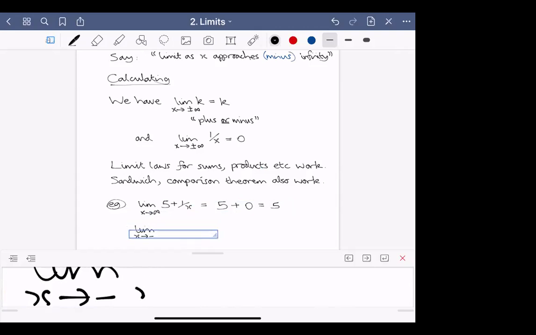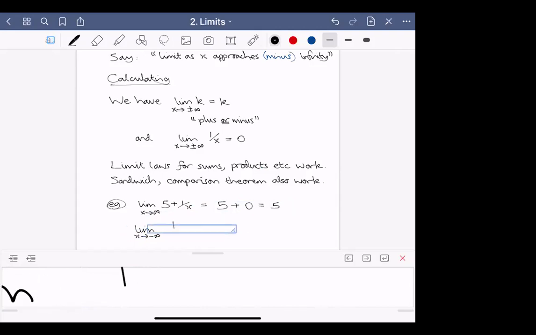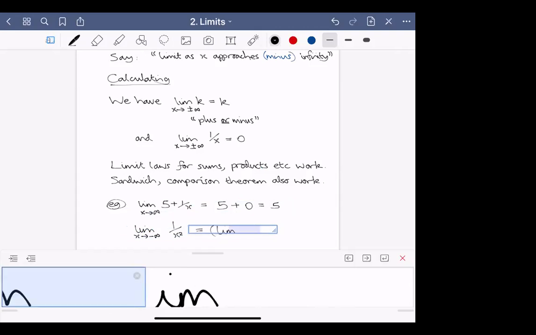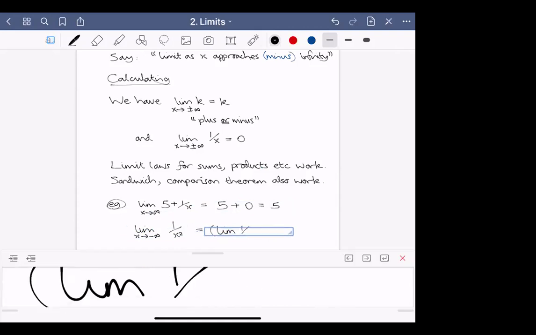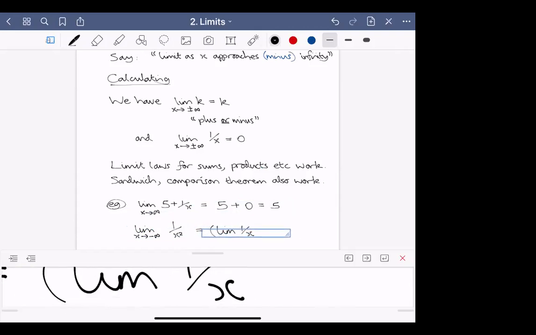What about the limit as x approaches negative infinity of 1 over x squared? Well, 1 over x squared is the square of 1 over x. So the limit law gives us that it's the square of the limit of 1 over x.